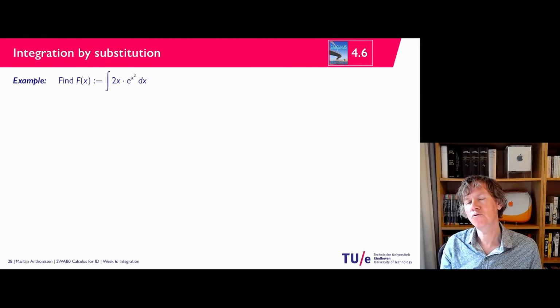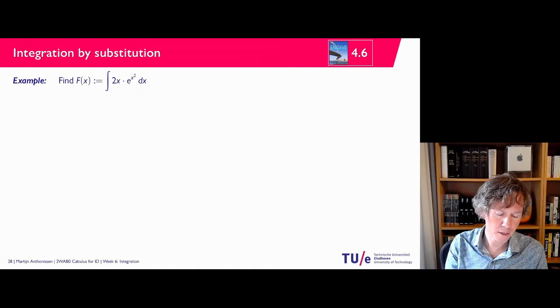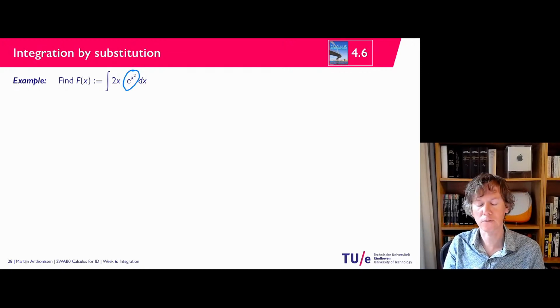Probably you could manage to do so. So how you could approach this is that you say, well, this looks pretty horrible. But I do recognize here that there is an exponential function, e to the power x squared.